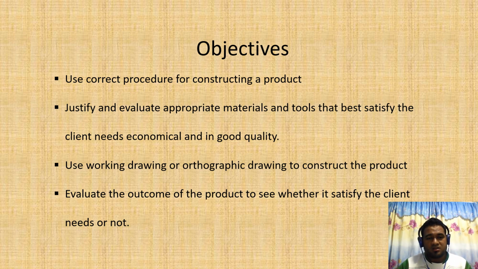The second one is to justify and evaluate appropriate materials and tools that best satisfy the client needs economically and in good quality. The third is to use a working drawing or orthographic drawing to construct the product, so we have to follow the working drawing or working plan on the making stage. The last one is to evaluate the outcome of the product to see whether it satisfies the client needs or not.